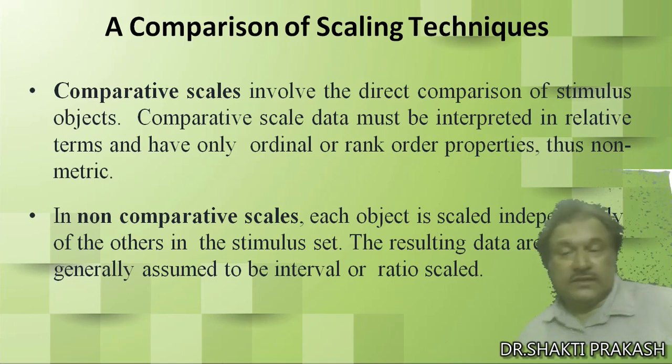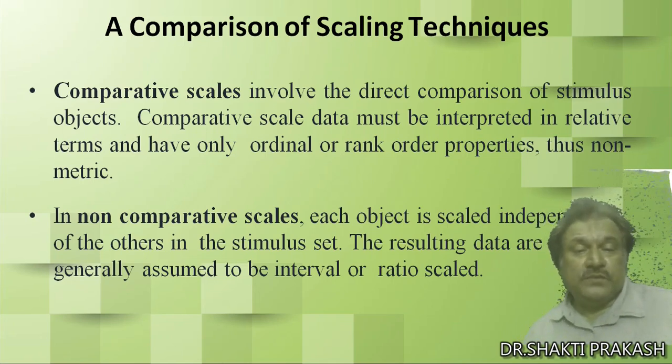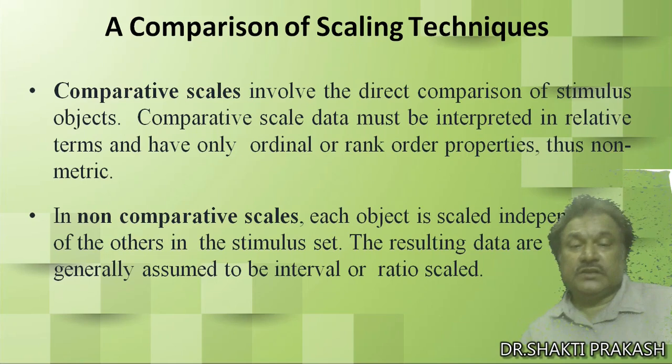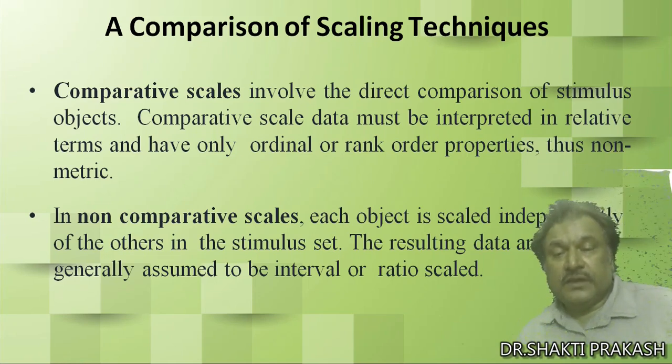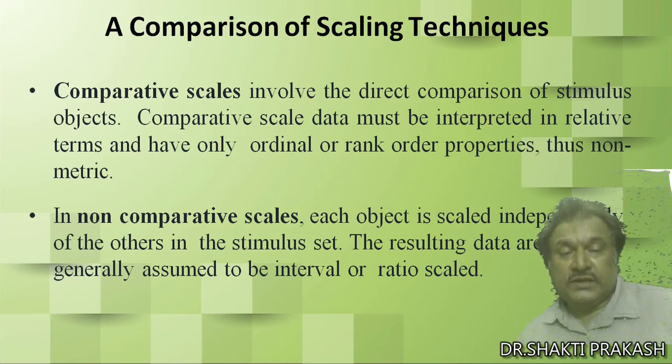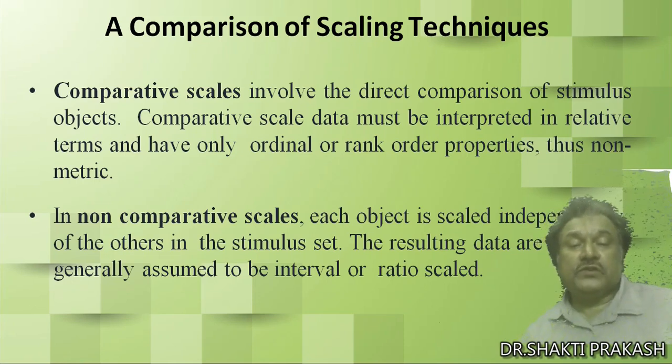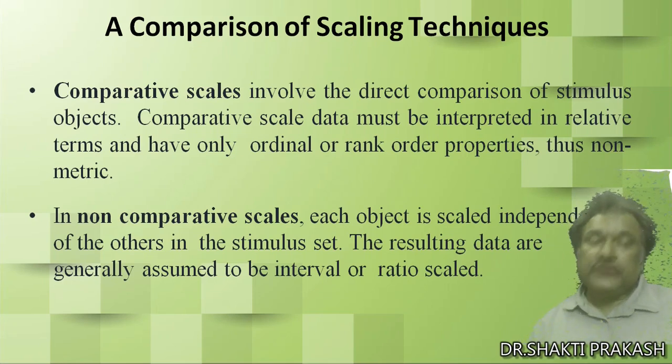So you get the ordinal type of scaling in comparative scales. In non-comparative scales, each object is scaled independently of the others in the stimulus set. The resulting data are generally assumed to be interval or ratio scaled, so it is metric.